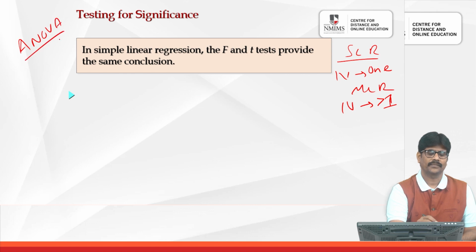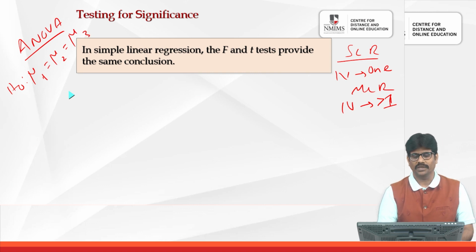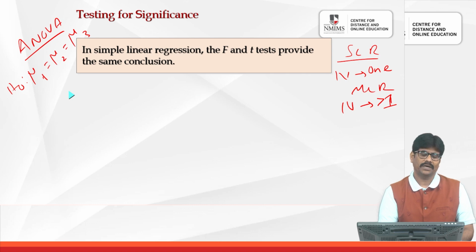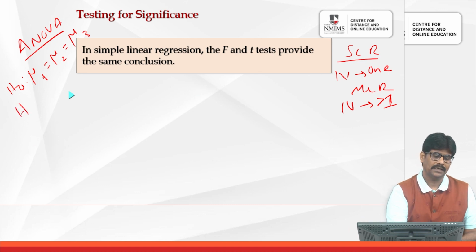What is the hypothesis for the F test? ANOVA is usually applied for more than 2 means. Let us say we have 3 means to be compared. The hypothesis is that all the means of the respective samples are equal, and the alternate hypothesis is that not all means are equal.